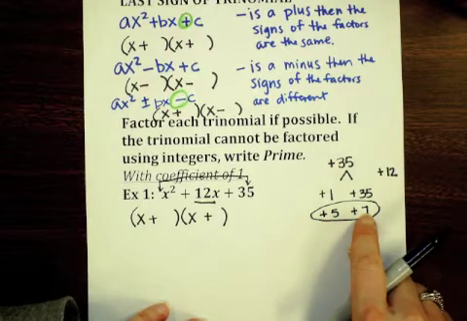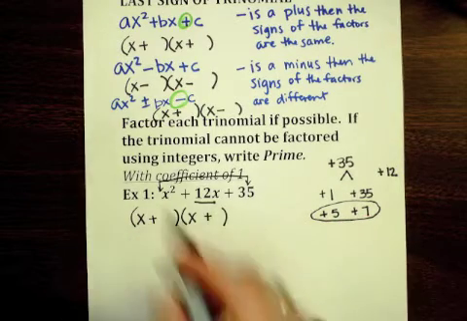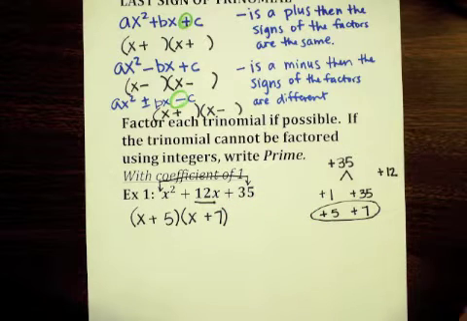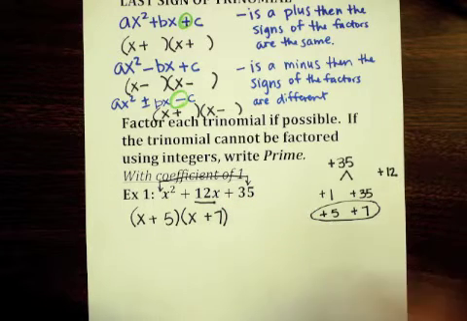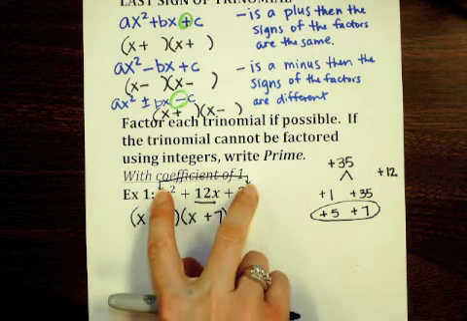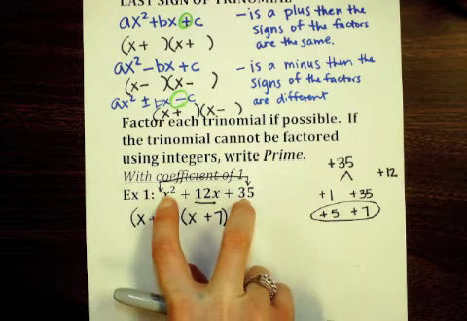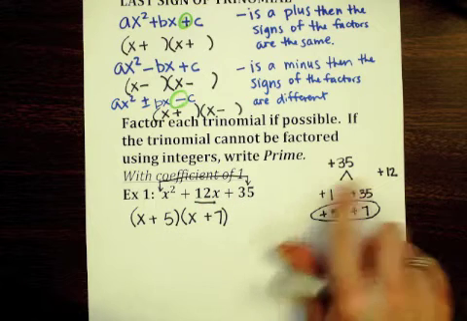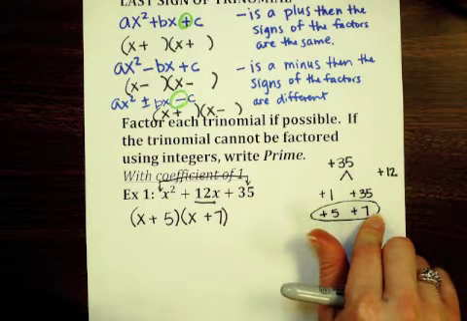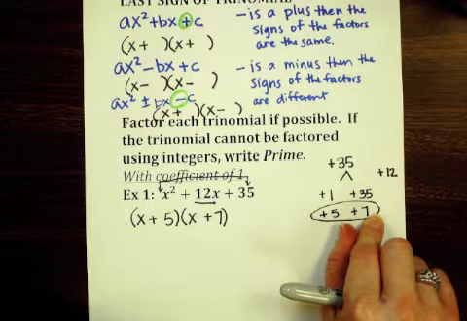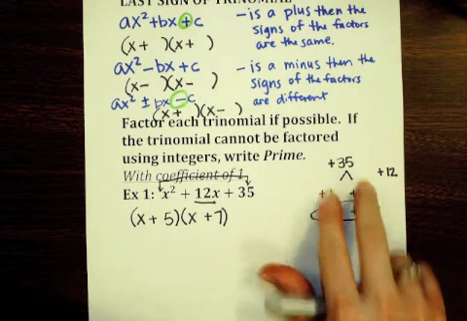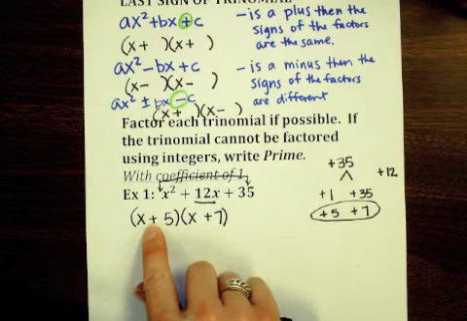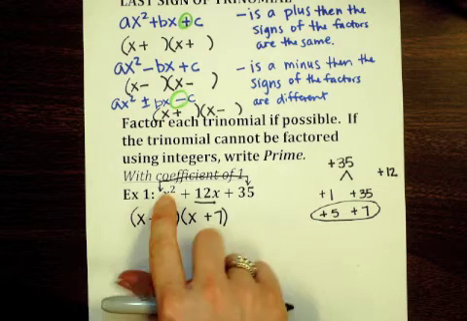And that's where my factors are going to come from. So x plus 5, x plus 7. Okay, again, you multiply your outer ones. So it multiplies to give me 35 and adds to give me 12. And you go through the list. Sometimes you'll know them right off, and sometimes you'll need to write the whole list down. So 5 and 7. And if I were to FOIL this, it would be exactly this.